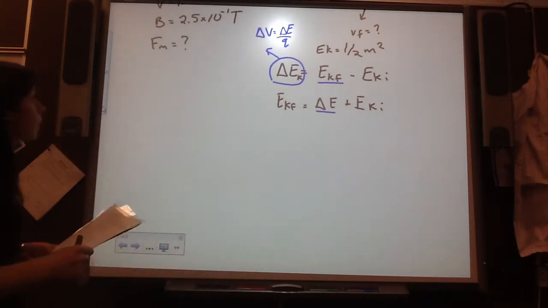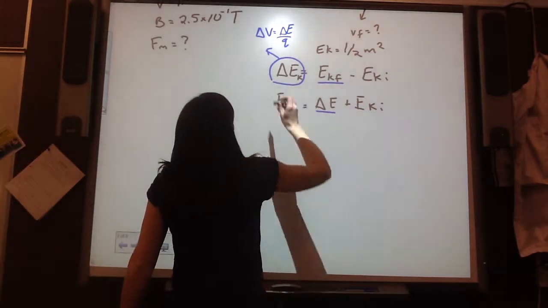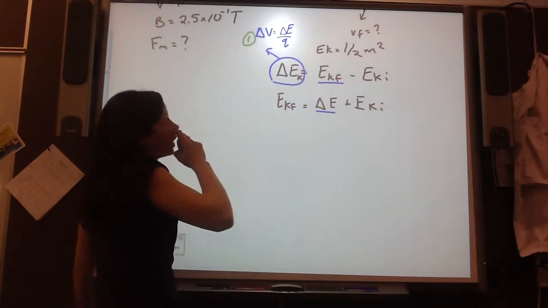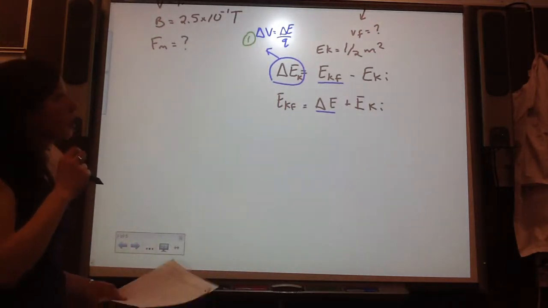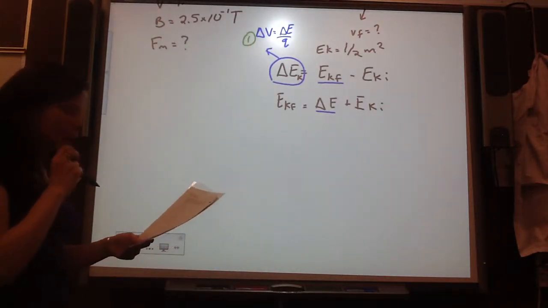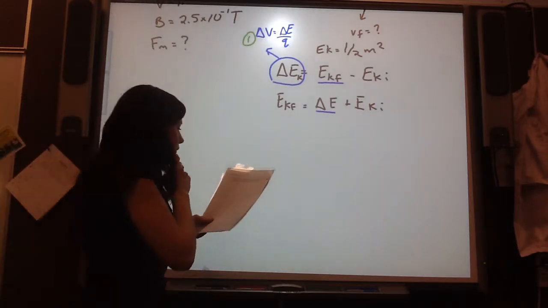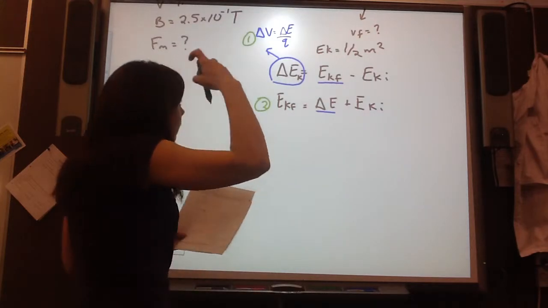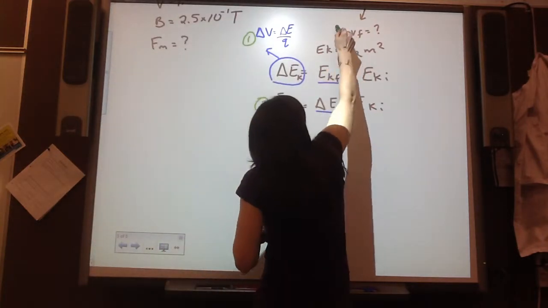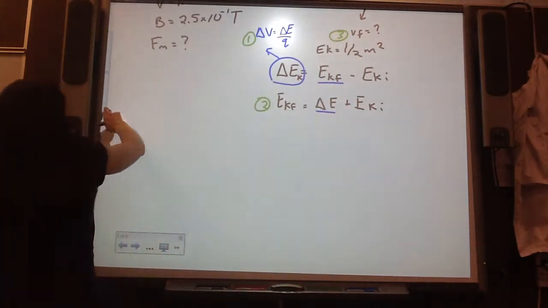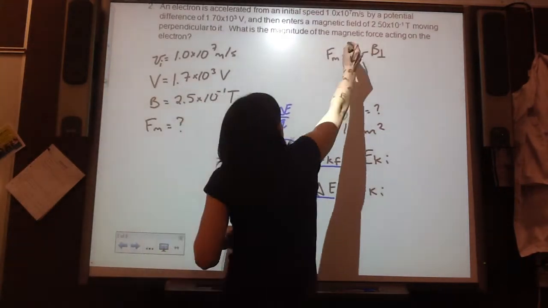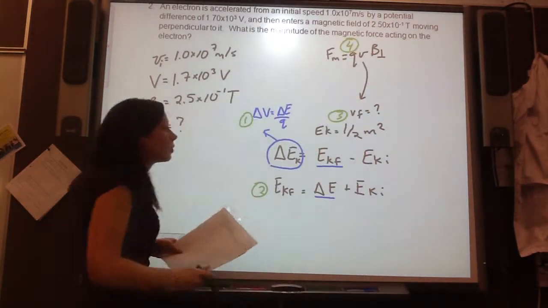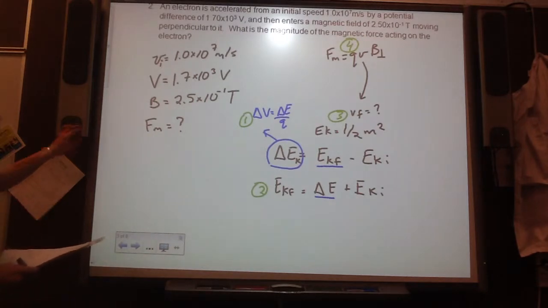The first thing we'll do is delta V equals delta E over Q to solve for delta E. Then we'll find EKF, then we'll find VF from that EK, and then we can put it into here. Those will be our steps.